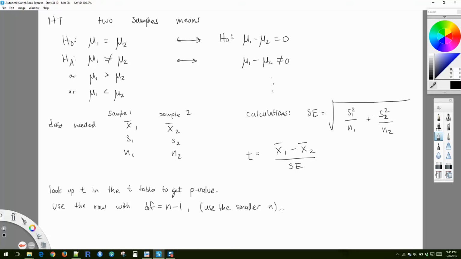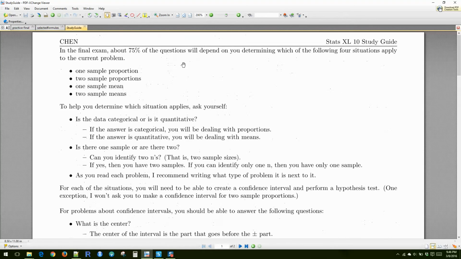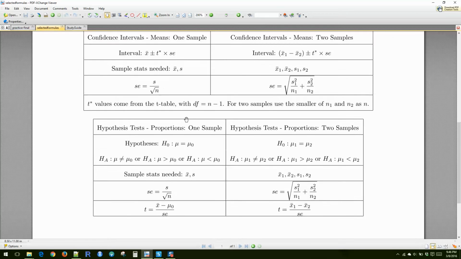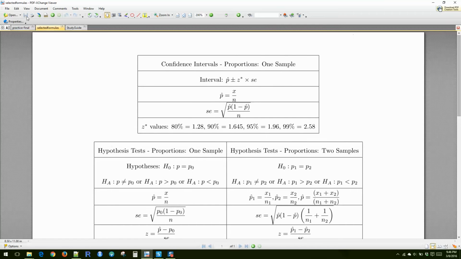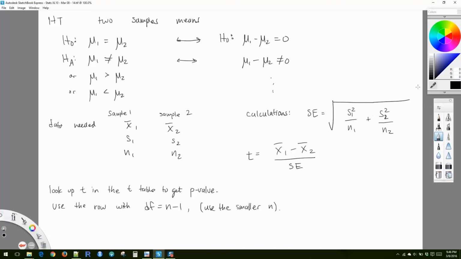Okay, so this is just a recap of all of the confidence intervals and hypothesis tests that we've covered in this class. Again, I have all of this information on your guide for inference, or formula sheet. For the final exam, you are allowed one sheet of notes with writing on the front and back.